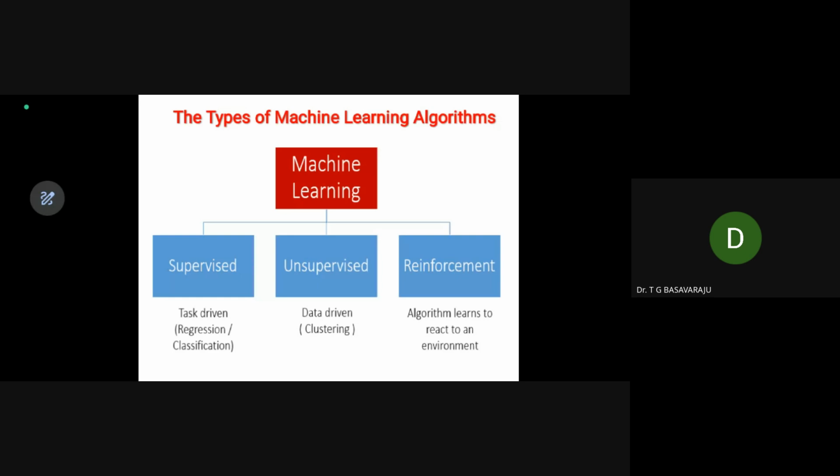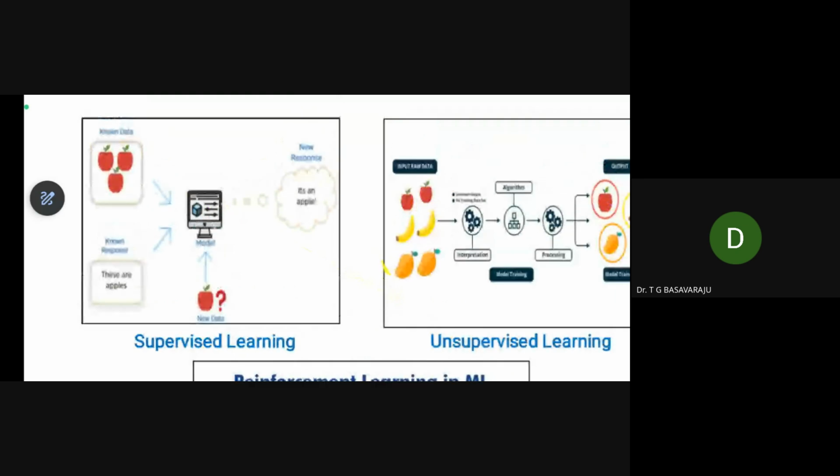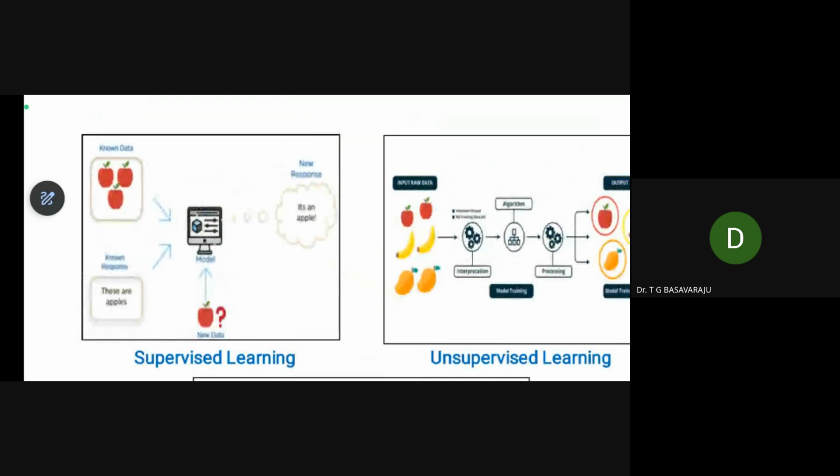And in reinforcement learning, the algorithm has to learn and react to the environment. Here basically some agent is given rewards, and based on the reward it should be able to find out what the right thing is. I'll show you through these block diagrams so that it is easy to understand.